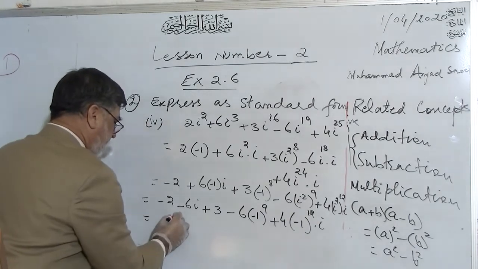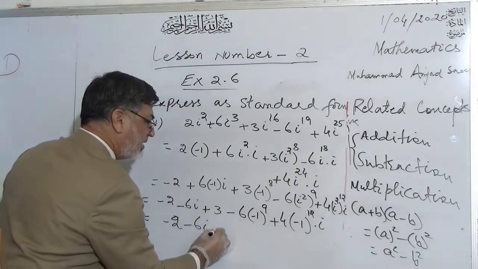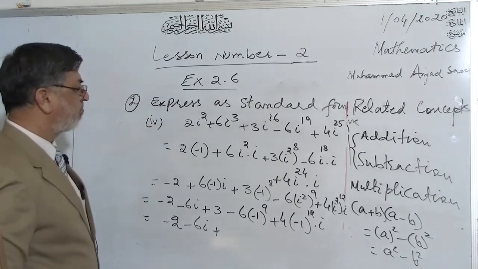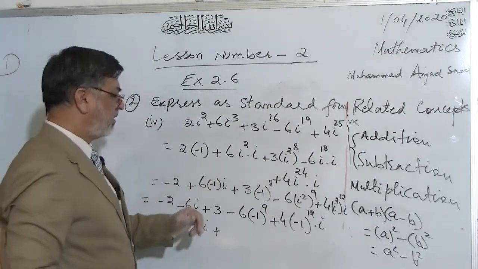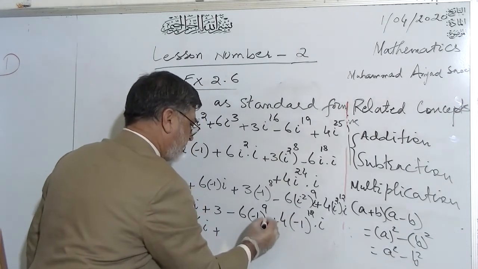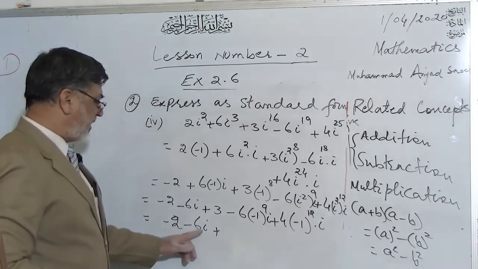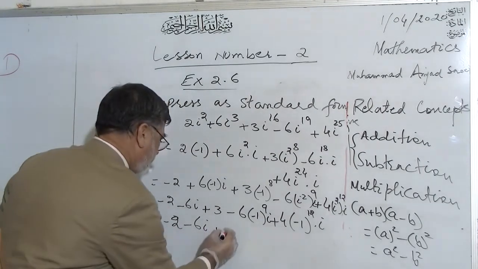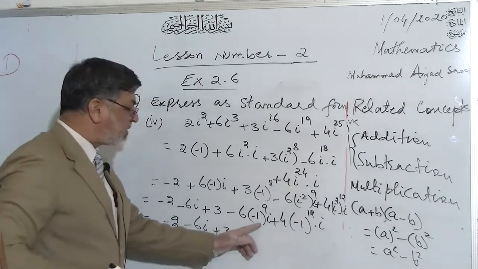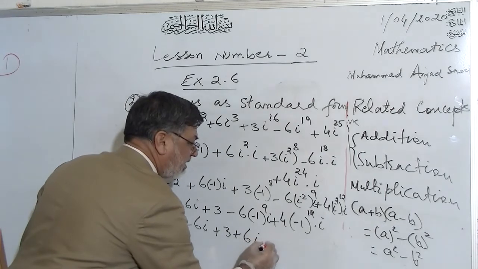Here is minus 2 minus 6 iota plus 3, and here is iota. Minus 1 power 9 is minus 1, so it will become plus 6 iota.